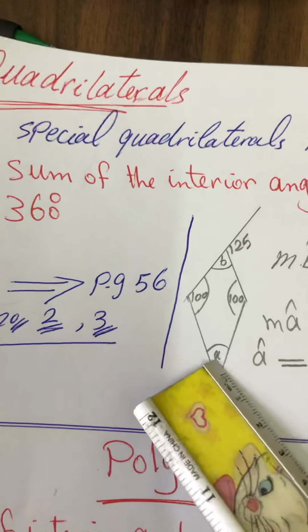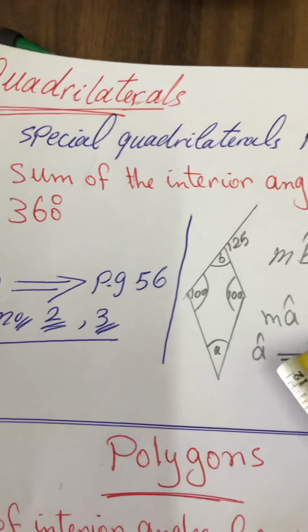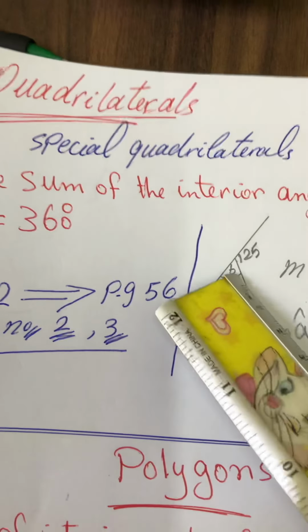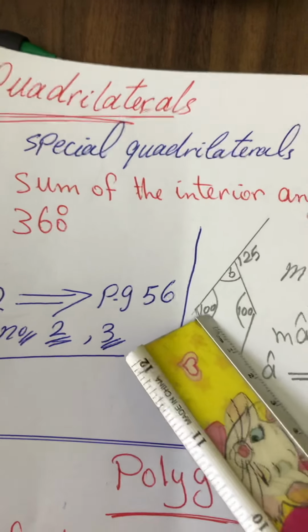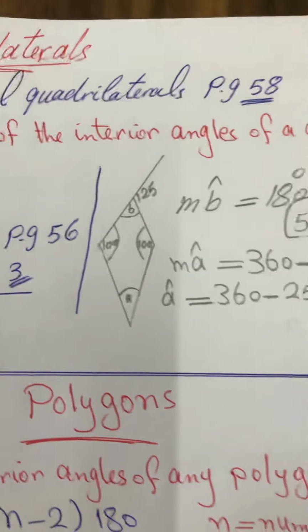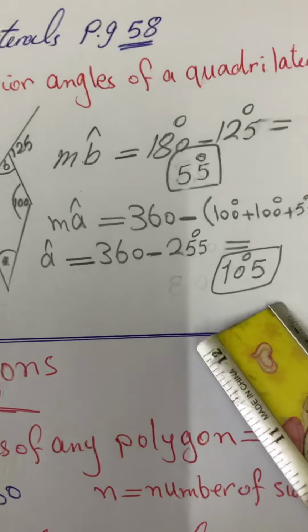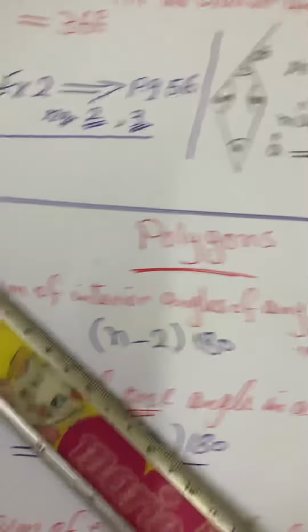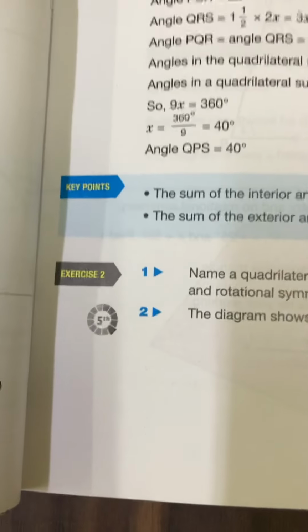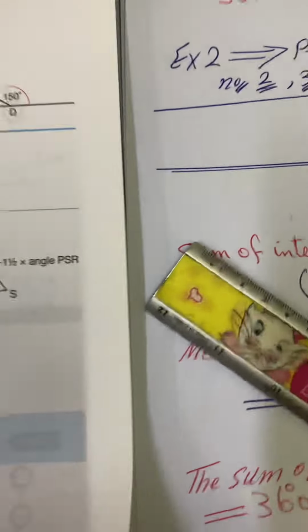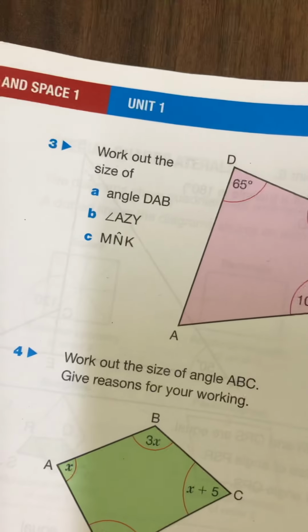And I want to find the measure of angle A. So 360 minus 55 plus 100 plus 100. So measure angle A equals 105. Okay, you have this idea in exercise 2, number 2, page 59. And you have another problem with this special case, the kite, in exercise 2, also question 3, page 60, like this.